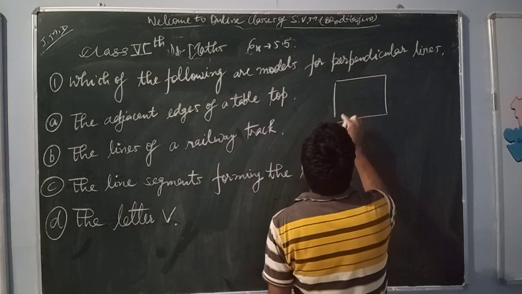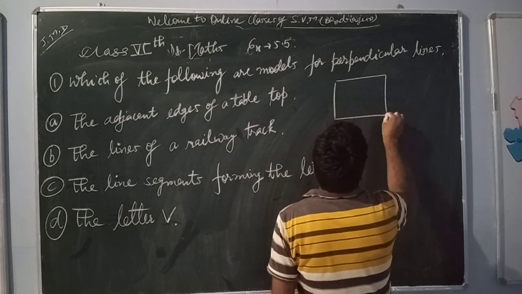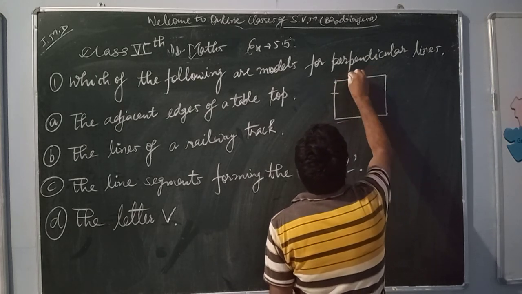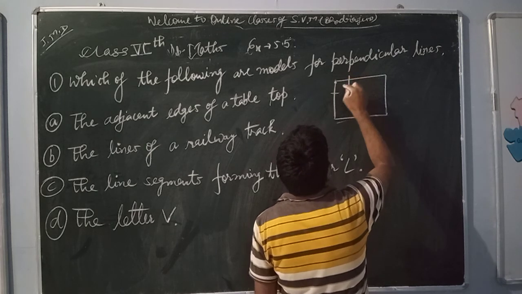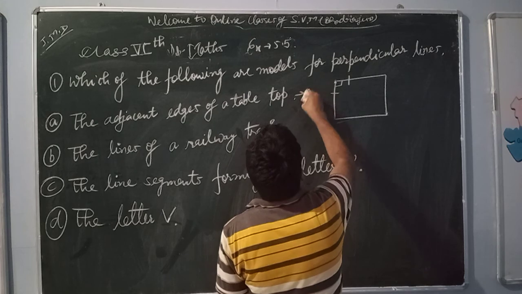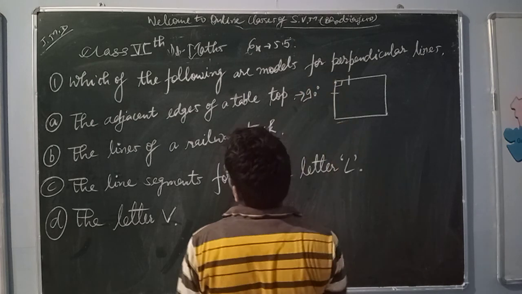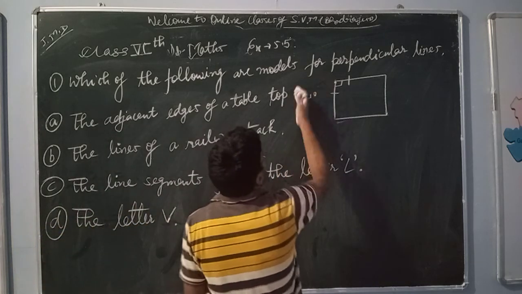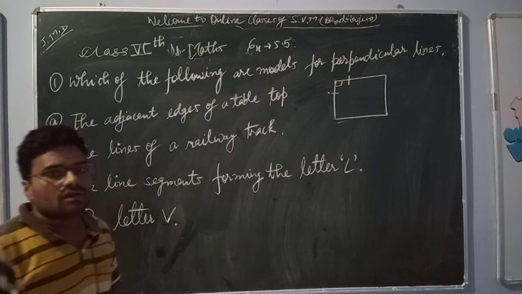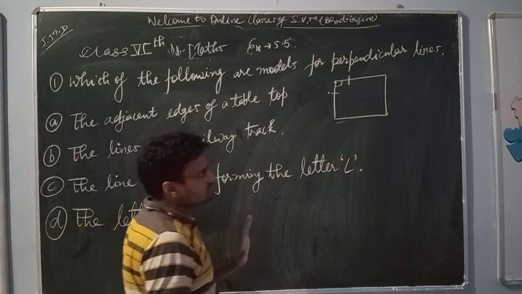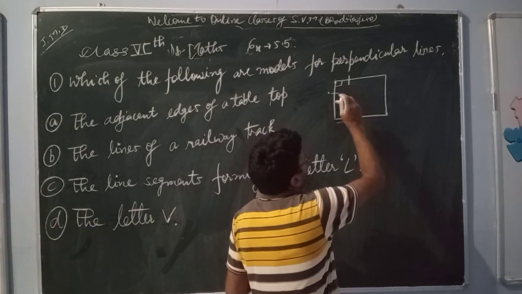And we are talking about the adjacent edges. Okay, so this edge is, and these two edges are adjacent edges, and this is a perfect 90 degrees. Okay, so these two are perpendicular. This question I will repeat in your next video, and here I am only talking about what is perpendicular.